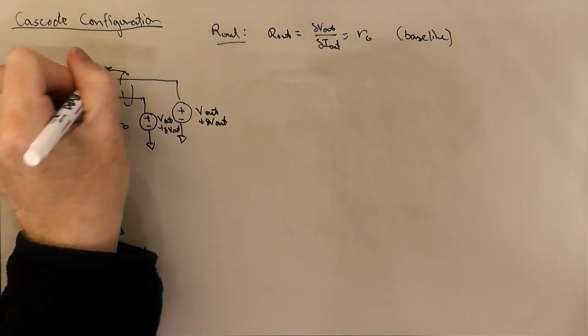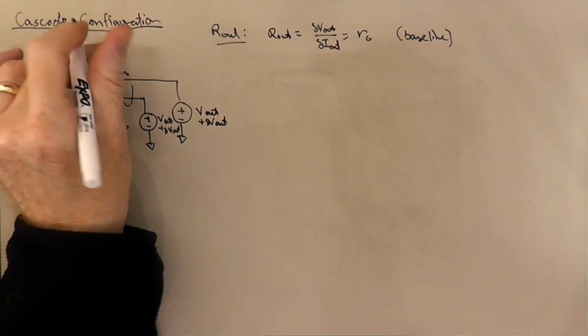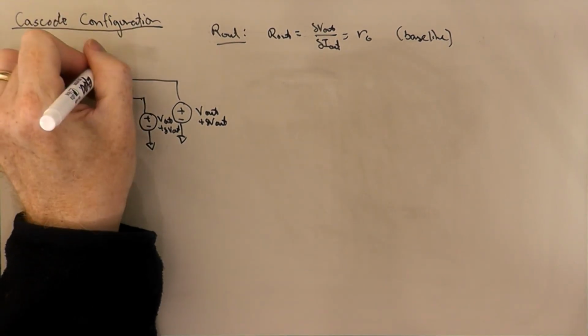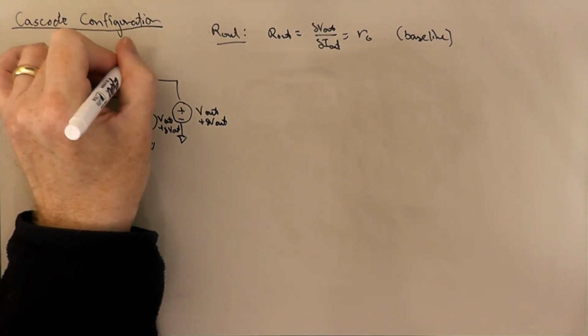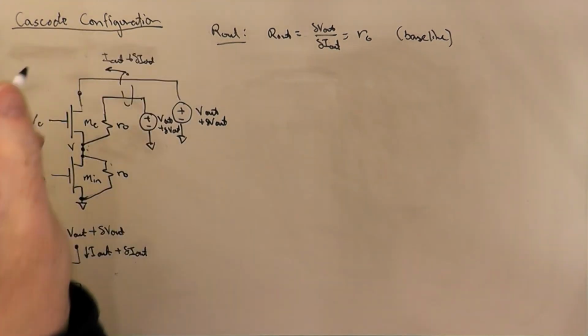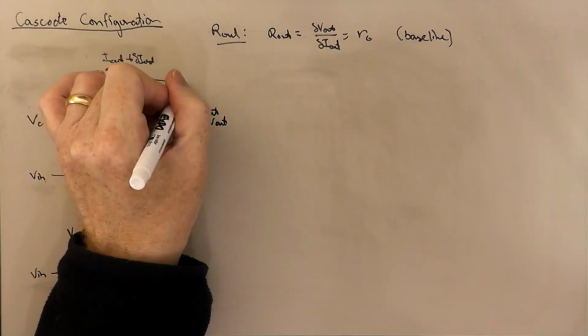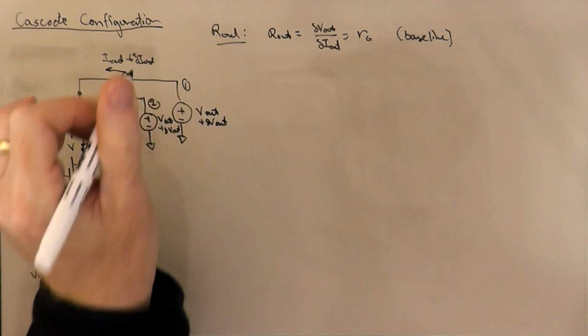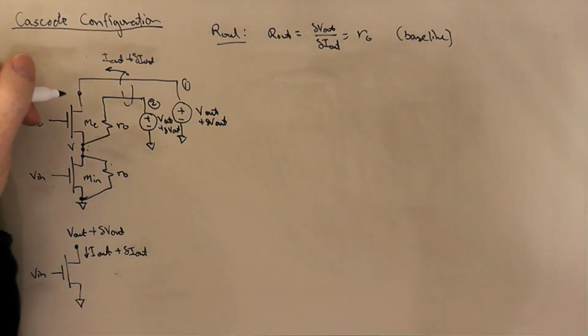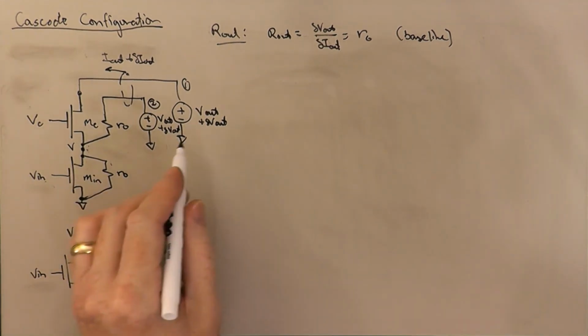We want the total change in current flowing through both of these wires, so there's going to be an I out plus a delta I out here. We're going to track the current increments, calling these 1 and 2. And by superposition, we're going to consider the effect of each of these components of delta V out in turn.